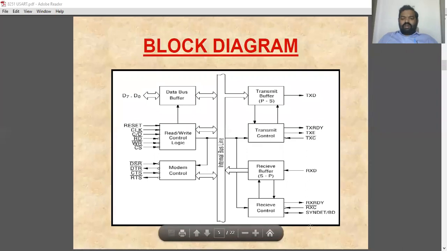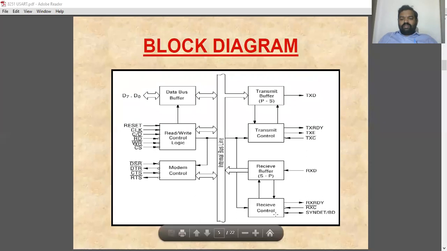One of the students is asking what sync detect or break detect means. With the help of the sync detector, when we apply a logic, sometimes the pin will work as an output pin and sometimes as an input pin, right? That is why it works in both directions. One is when we apply a logic high at the input side, then it is possible to break the data transmission, that is break detect.